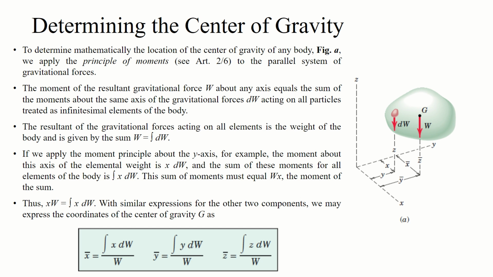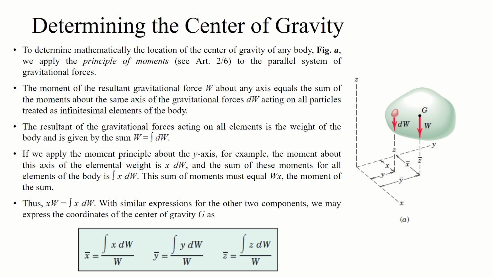We apply the same moment principle about the y-axis. For example, the moment of the element about the y-axis is x dW, and the moment about the x-axis would be y dW. The sum of moments must equal W times x prime, where x prime is the mean value, the center value.